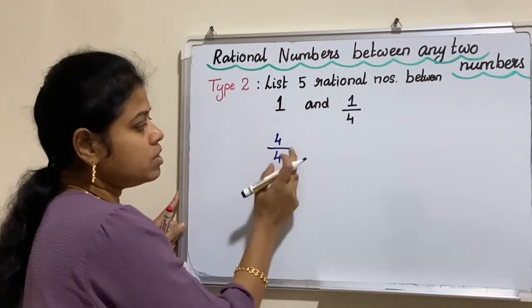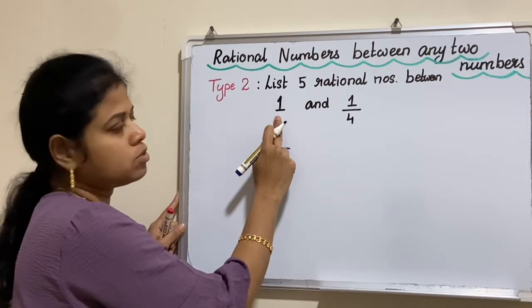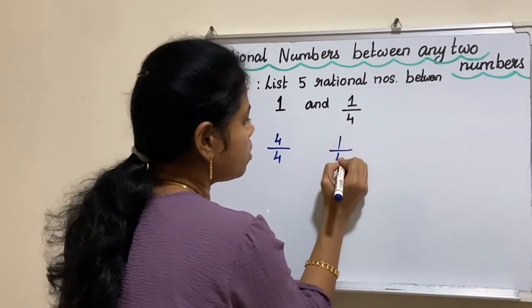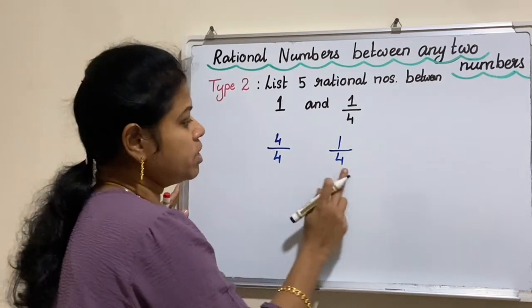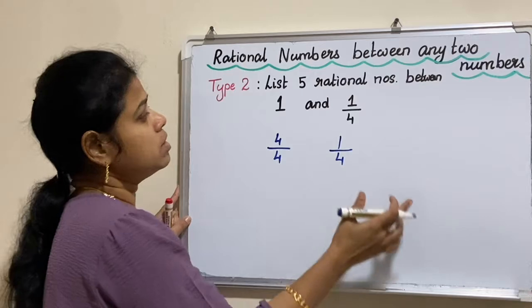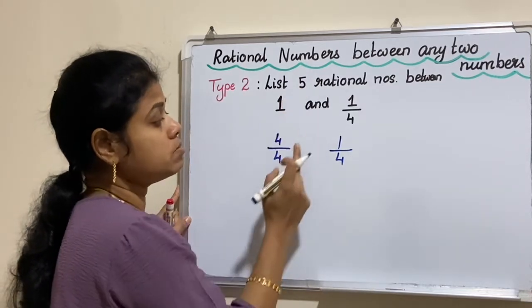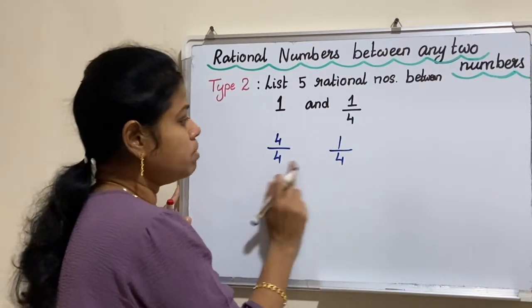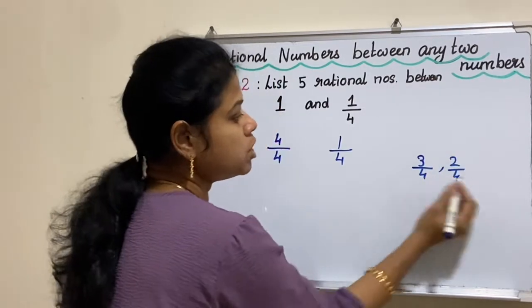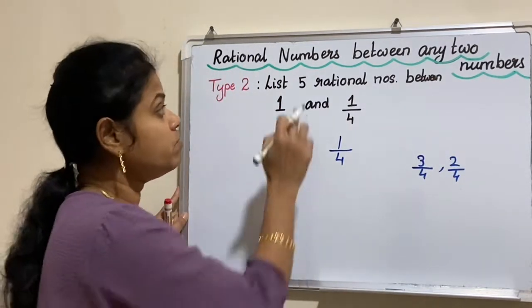This will be equal to 1. So write this in the form of p by q. Now the denominators of both the numbers are the same. But can we list out 5 numbers between these? No. In between, it is only 3 upon 4 and 2 upon 4. So only 2 numbers are there.